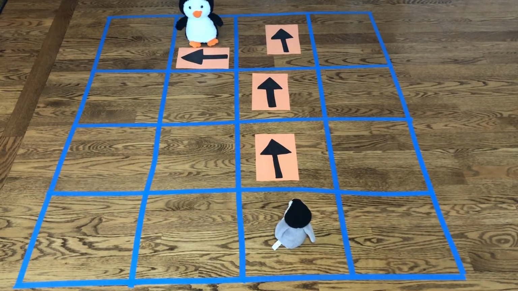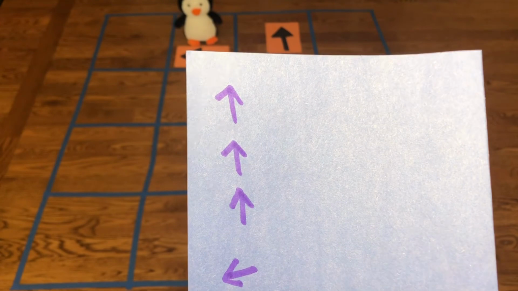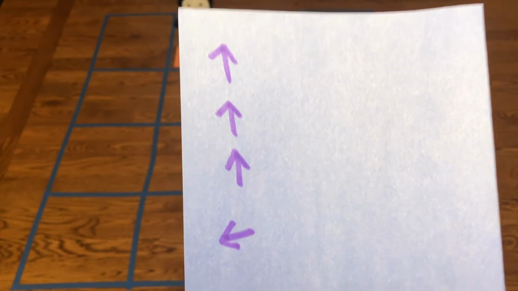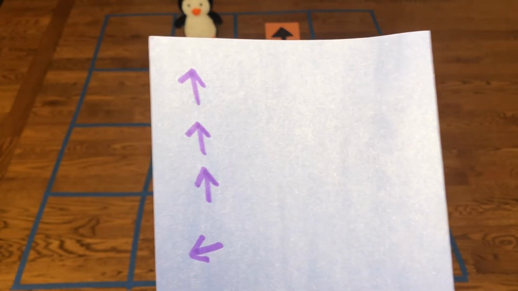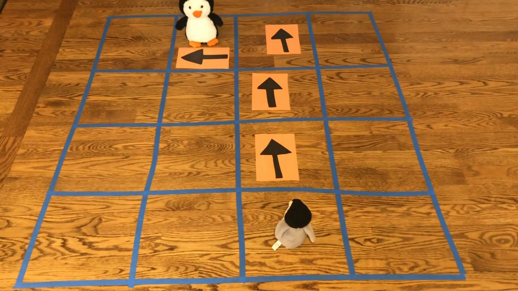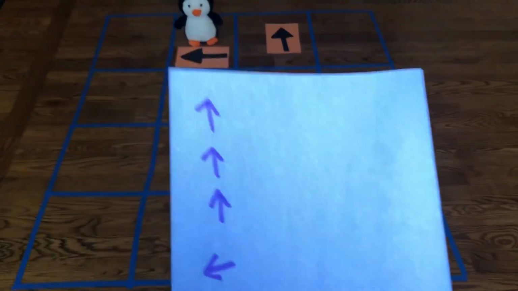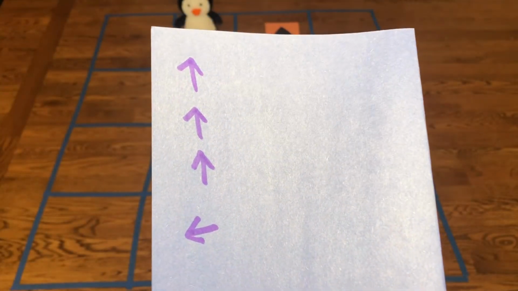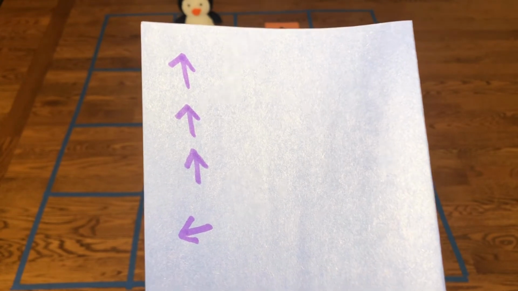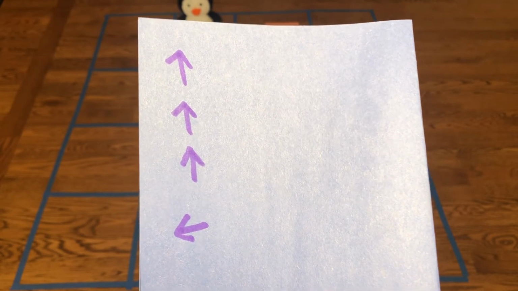Okay, so I tested my program and it works. So if I would write it down, it would be up arrow, up arrow, up arrow, left arrow. And that is the code that I would program into baby penguin to get to mommy penguin. Now, you might notice that there are 4 lines of this code, and 3 of them are the same, right?